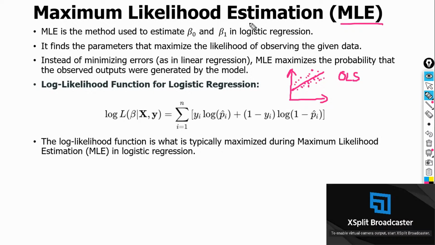It helps us find the parameters that maximize the likelihood of observing the given data. So in classifying the data, it gives the maximum probability. MLE maximizes the probability that the observed outputs were generated by the model.